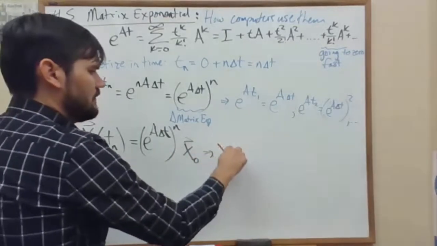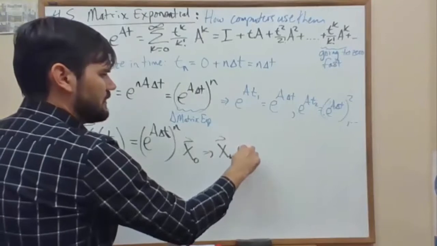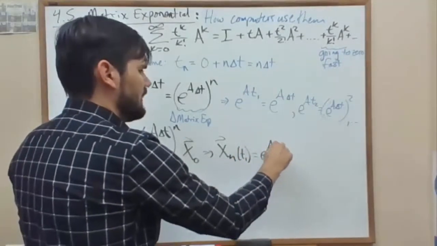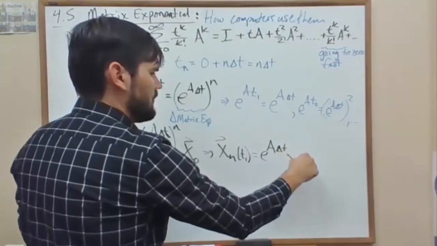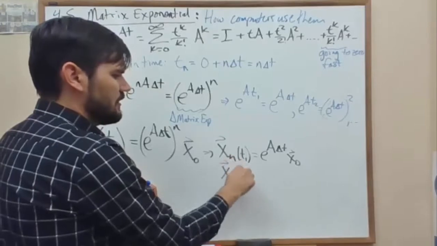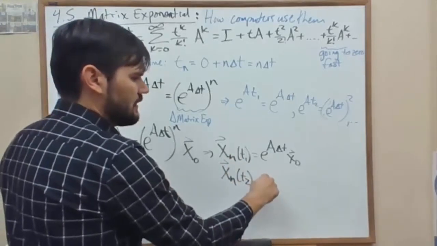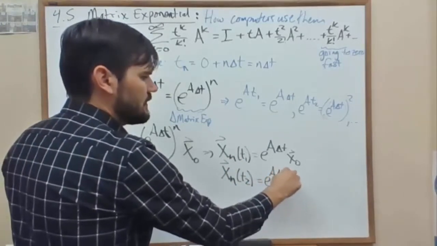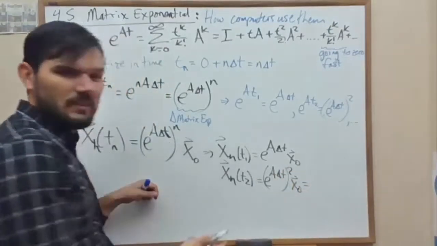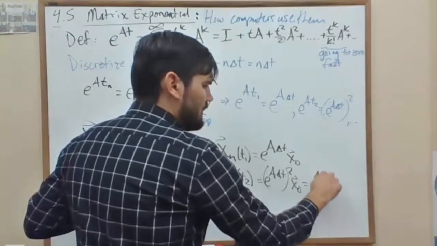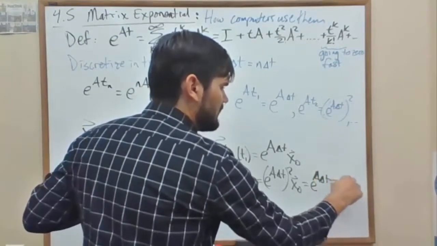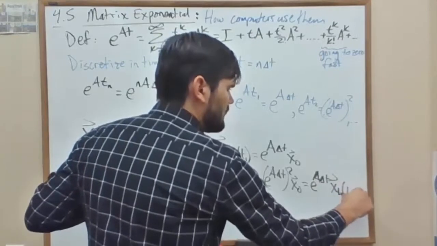To find out what x_h at t1 is, we simply take e to the A delta t times x naught, and then to find out what x_h at t2 is, we just take e to the A delta t squared times x naught, which is really just e to the A delta t times x_h of t1.